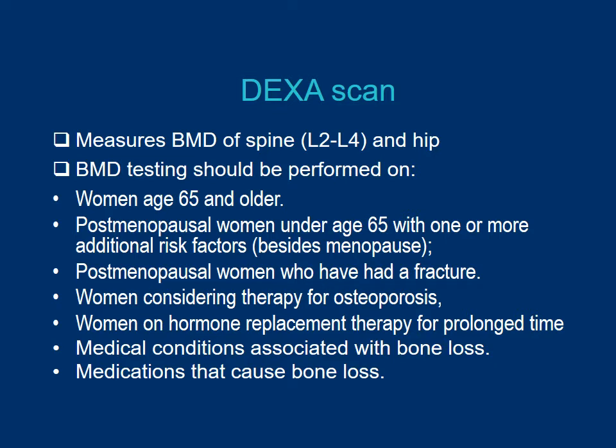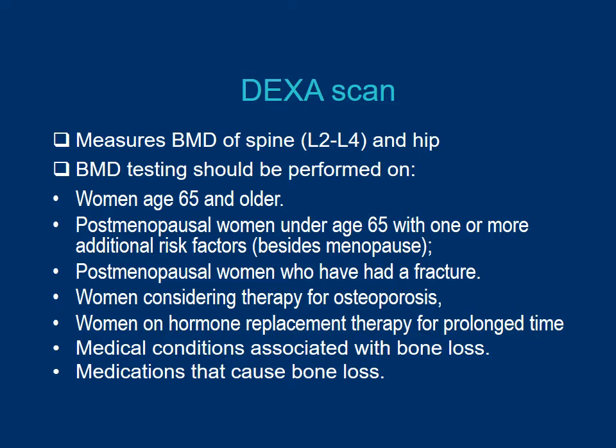for osteoporosis, and women on hormone replacement therapy for a prolonged period should be screened for osteoporosis, as well as those with medical conditions associated with bone loss, for example rheumatoid arthritis, and medications causing bone loss, as we said, especially the corticosteroids.